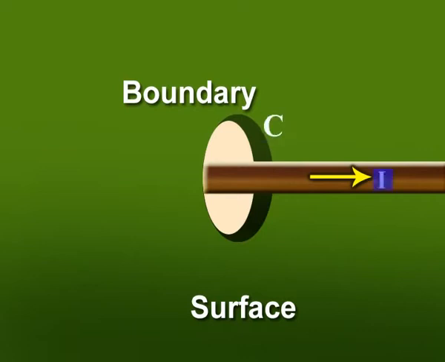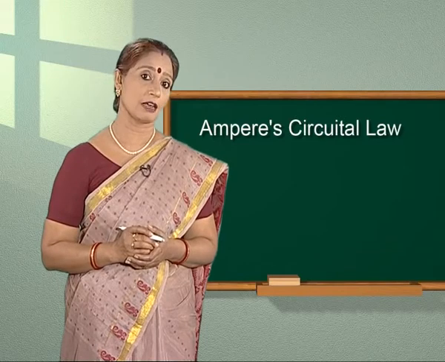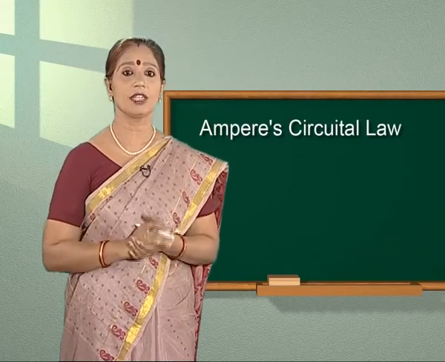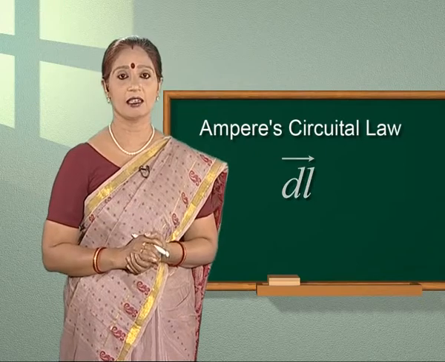To understand Ampere's circuital law, let us consider an open surface with a boundary C, and the current I is passing through the surface. Let the boundary C be made of a large number of small line elements, each of length dl. Consider a small element for which the direction of dl is acting tangentially to its length dl.